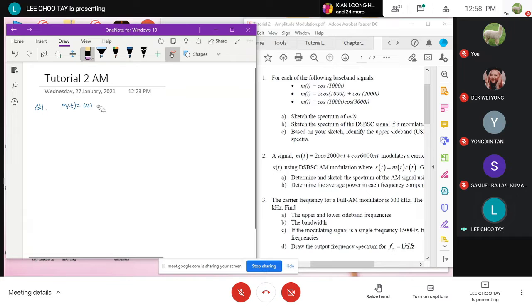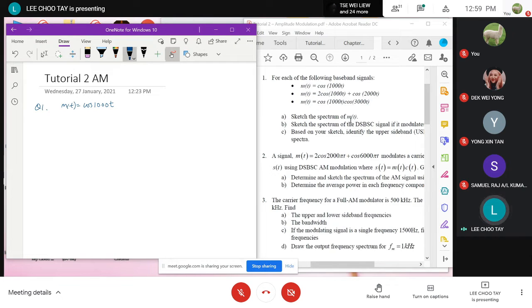To use bracket, it looks like 1. Okay, cosine of 1000 t. All right, cosine of 1000 t. So for A, you need to sketch the spectrum of m(t). All right, to sketch spectrum of m(t).